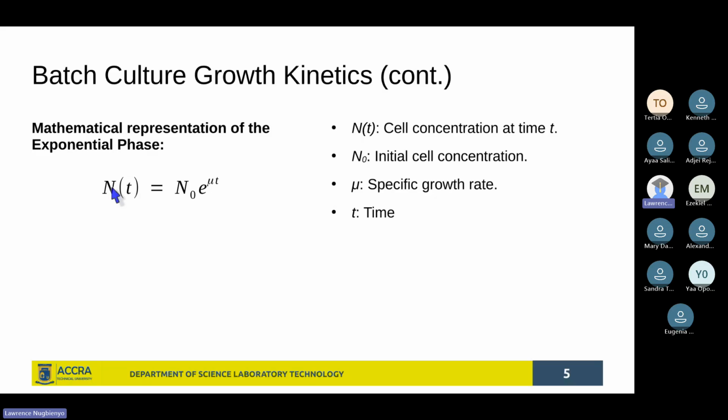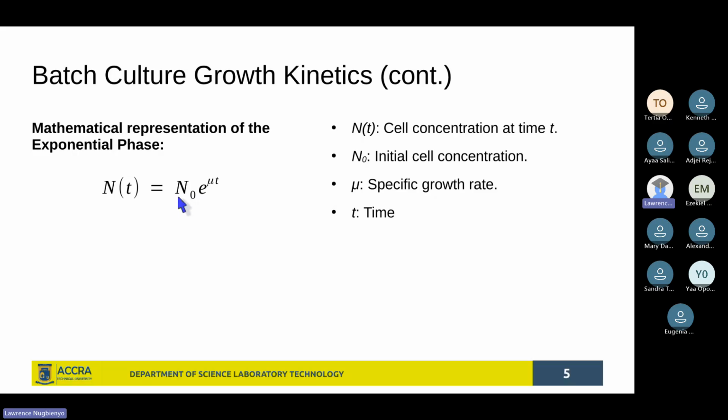And so if you take N as a cell concentration at a particular time, and you have N0, which is the initial cell concentration, like if you have say a starter culture, and then with this starter culture, after it grows over a period, you introduce it into the bioreactor, you want to know at a particular time what will be the concentration of the bacterial cells or the microbial cells at a particular moment in time.